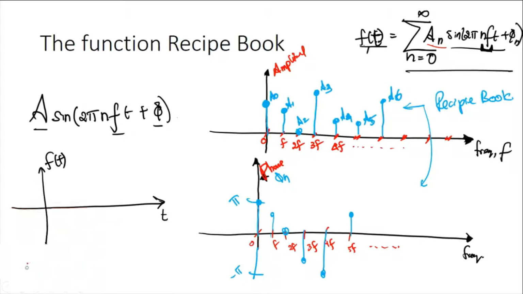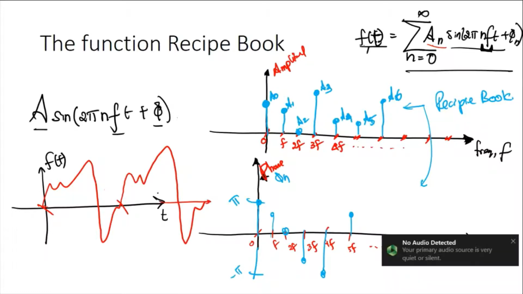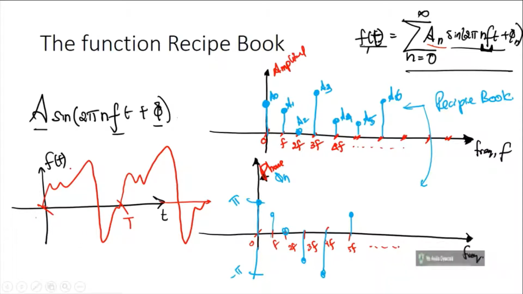So if you look at it in the time domain, maybe this is the function. And maybe it repeats itself after this. So it just goes again. So it is periodic with period t. So this will be your periodic function.